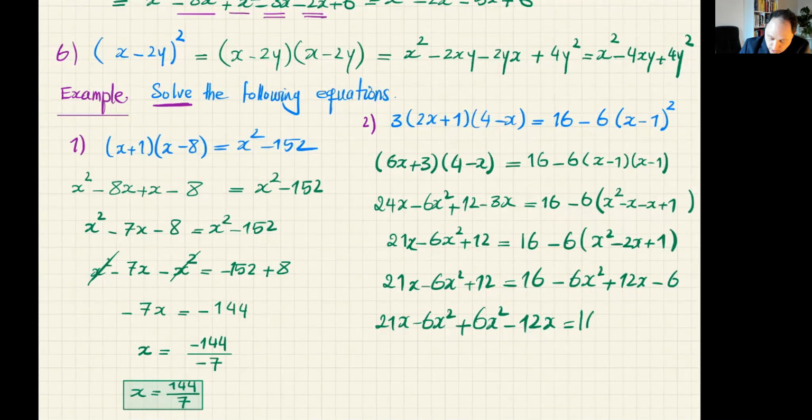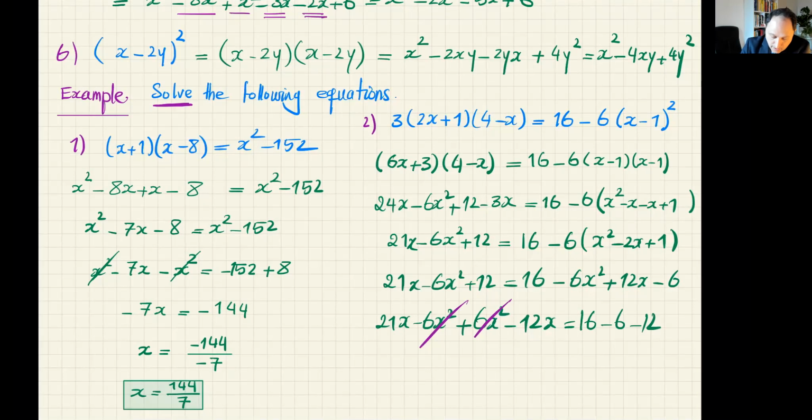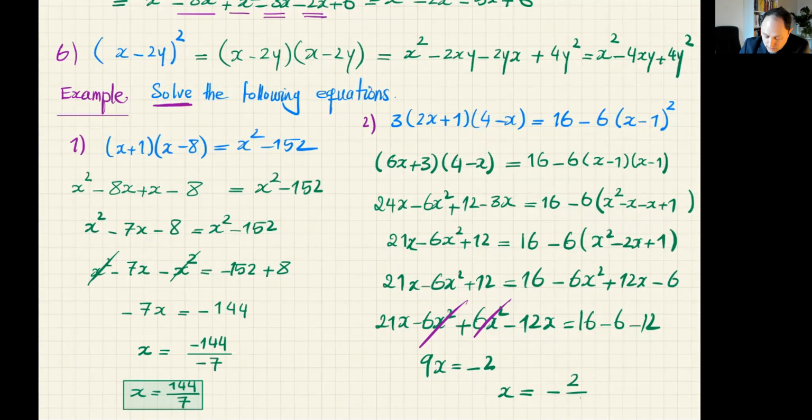So I have a 16 there, minus a 6, I move 12 to the right, it becomes negative 12. And then this one and that one, fortunately, cancel. And then what is left for me is 21x minus 12x, which is 9x. On the right-hand side, 16 minus 6 is 10, 10 minus 12 is minus 2. And as you said, the answer is minus 2 over 9.